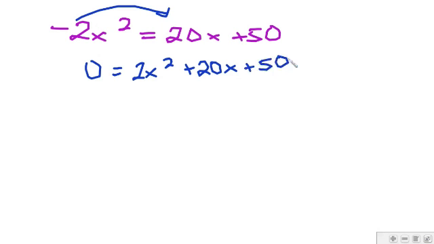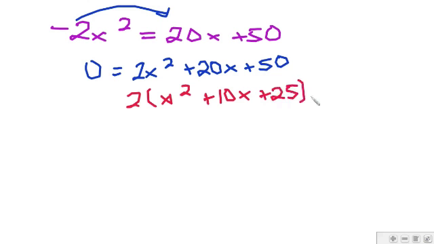All right, now before I break this down and write all my factors of 50, I see that I have a number I can pull out of here. I have a GCF. My GCF is 2. If I pull a 2 out, I'm left with x squared plus 10x plus 25. All right, now I want the factors of 25.